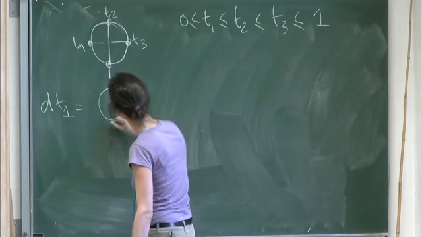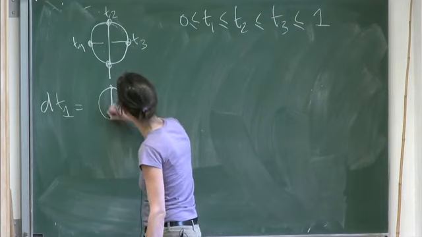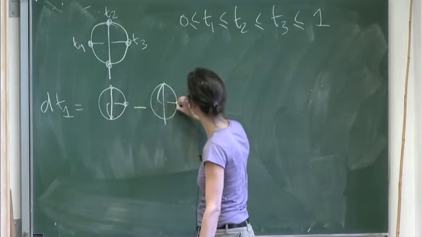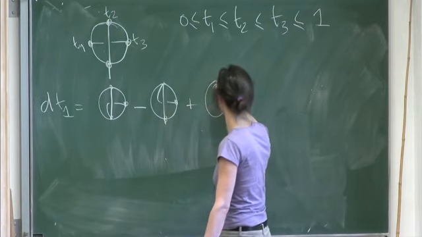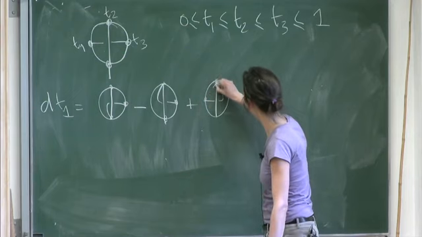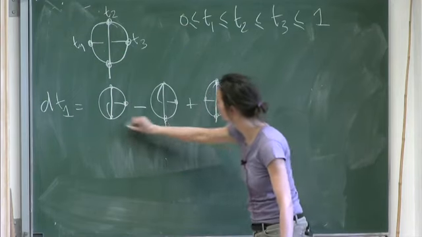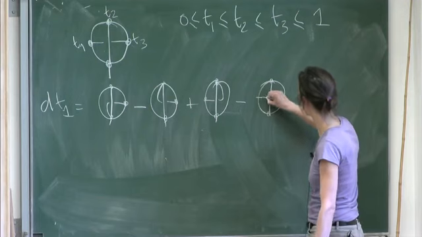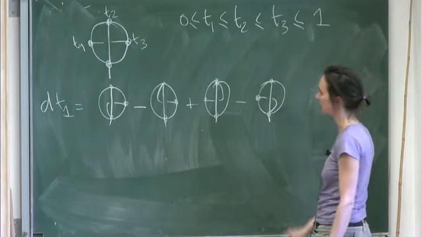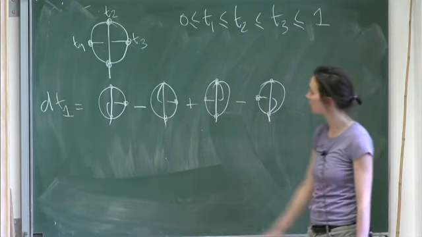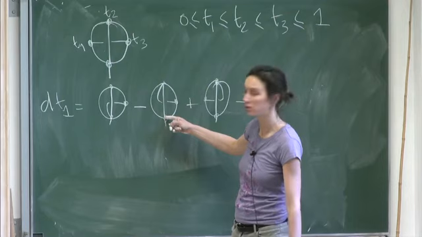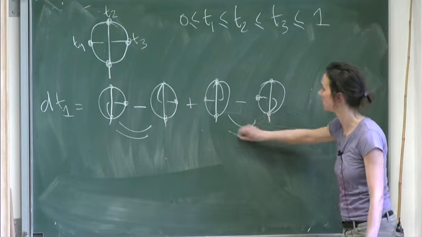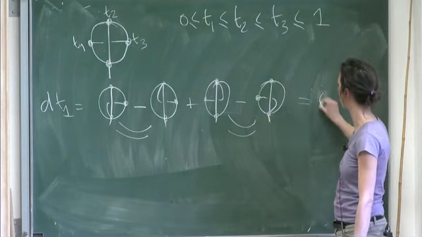So if I compute the boundary, I'm going to have something like this minus something like this plus this guy, Ezra is going to complain, and then minus this guy. And now I told you in Sullivan diagrams I could slide along edges, and so you see that these two guys are equal, and I could slide here, and so these two guys are equal. So this is a zero boundary.